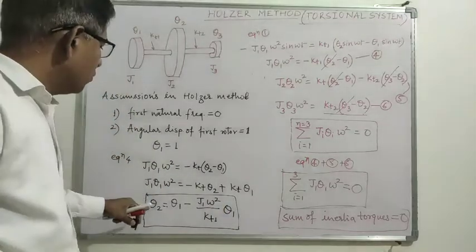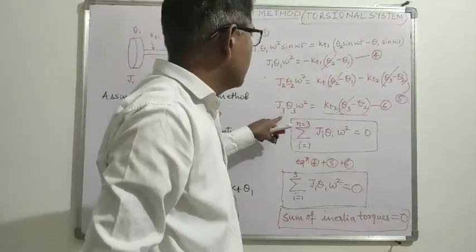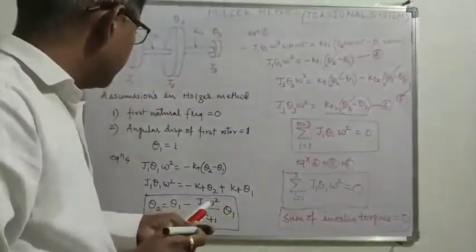Similarly, if you put the value of theta 2 in equation number 6, then we get theta 3.